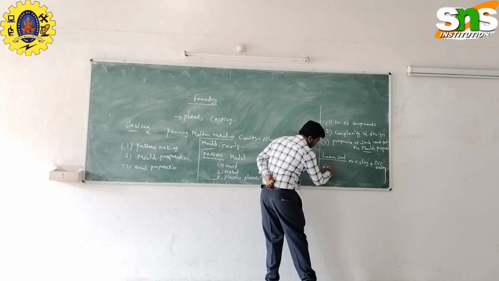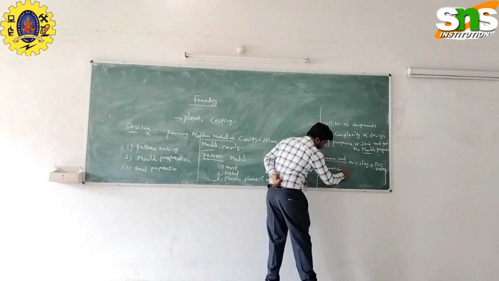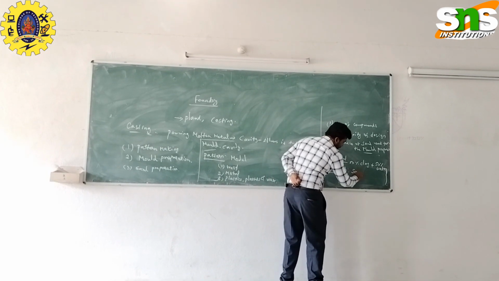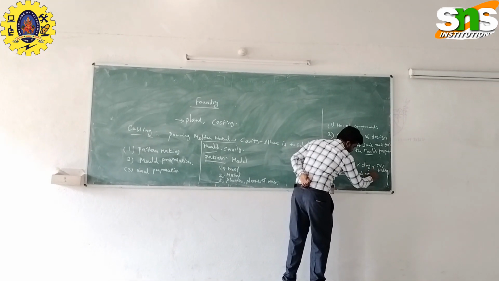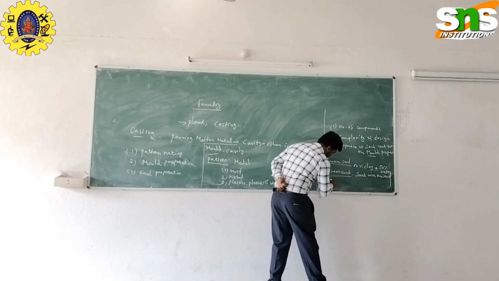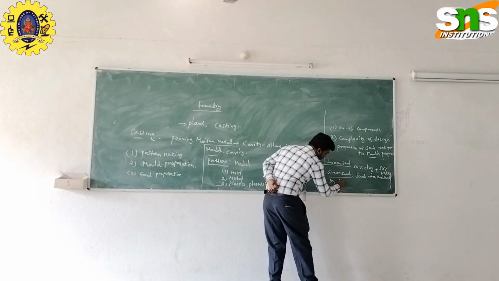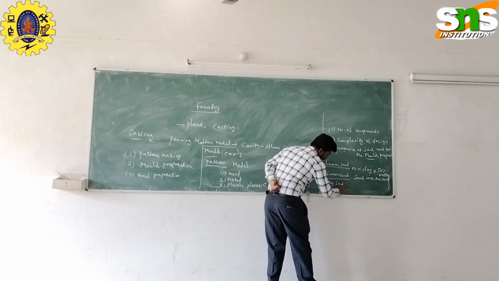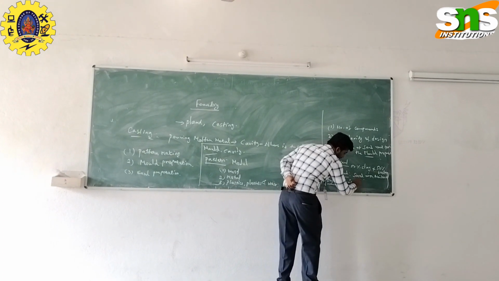The green sand is the sand with moisture. The dry sand is the sand without moisture.